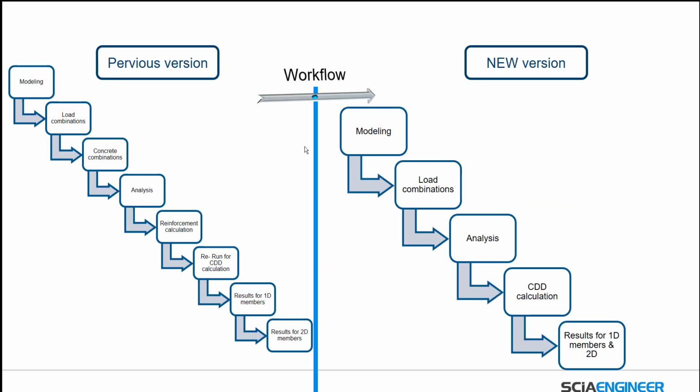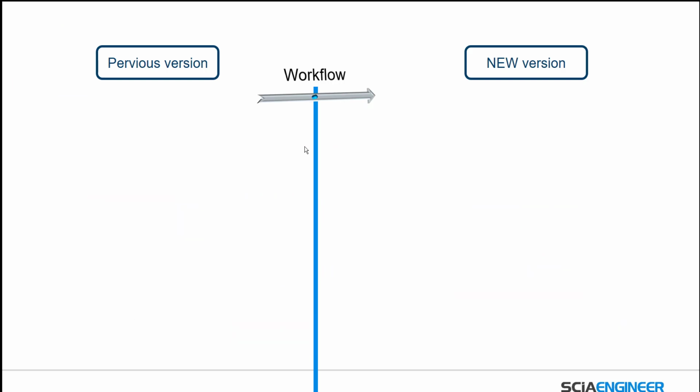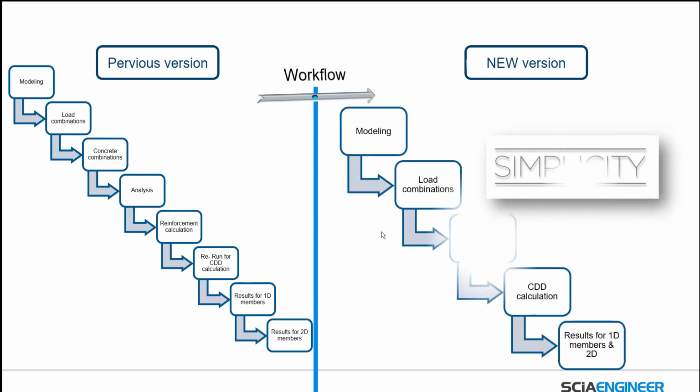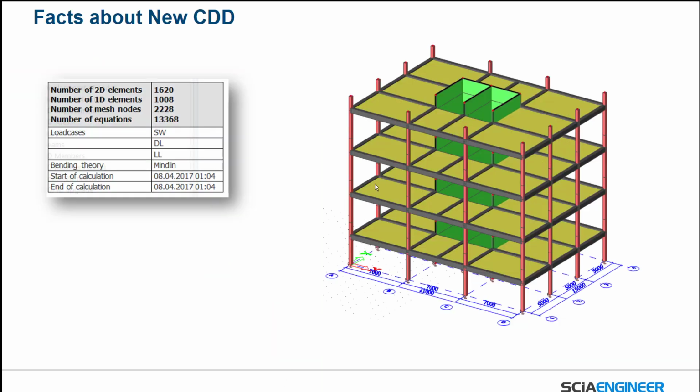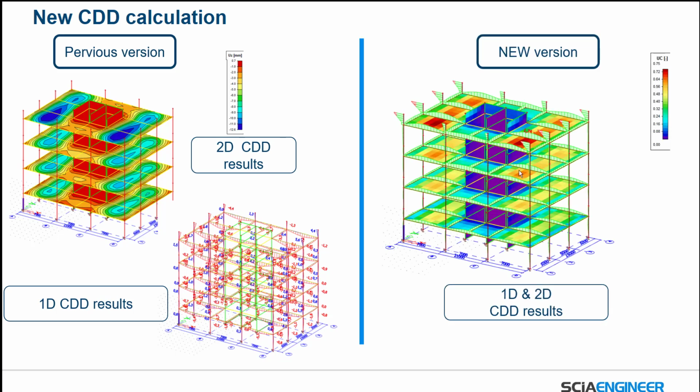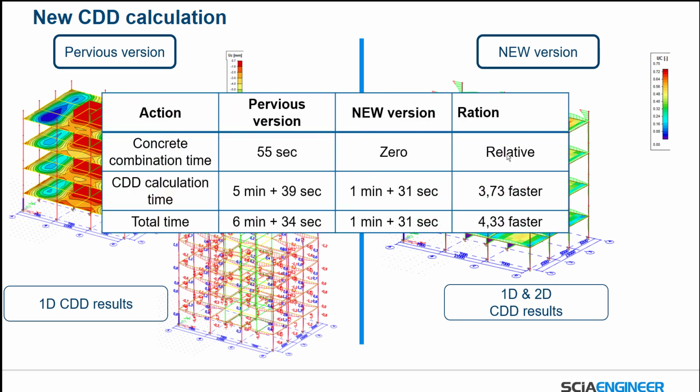As I mentioned, for the calculation of punching, I tried to make a comparison between the old one and the new one. I did the same here, and with the improvement that we made from the automation point of view, you can save a lot of time. I have this structure, and with the old CDD, I cannot mix the result of 1D members with the result of 2D members, but you can see from this image that the results can be shown on the same screen at the same time.